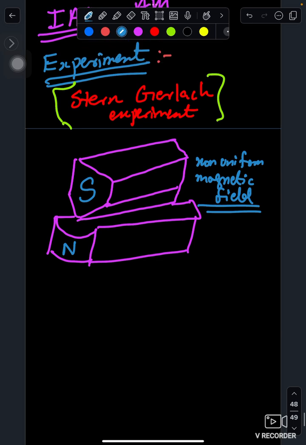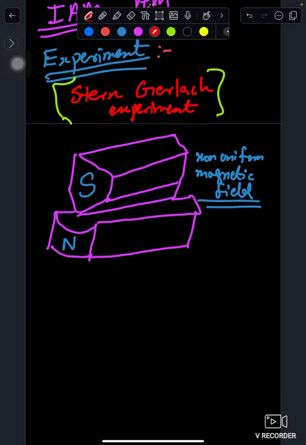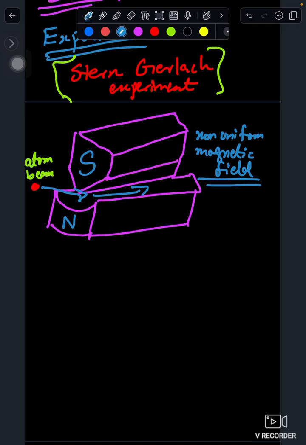Let's suppose we have a beam of atoms, and it's passed through these two magnetic poles. What will happen is that it will either go up or down.